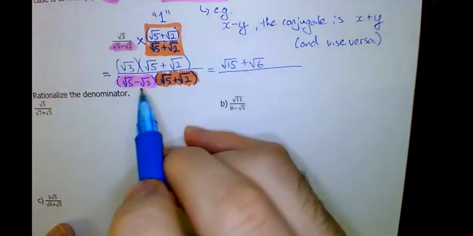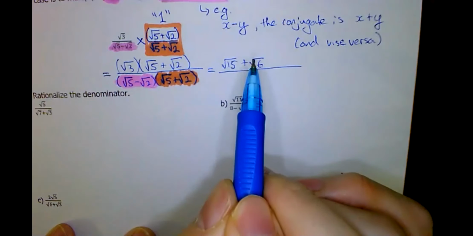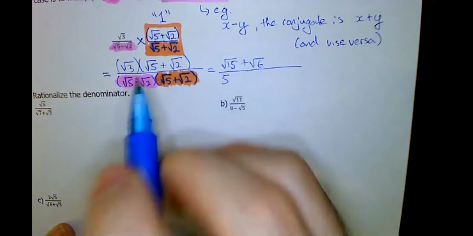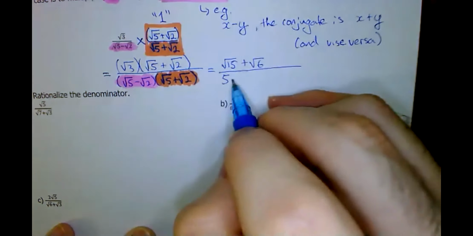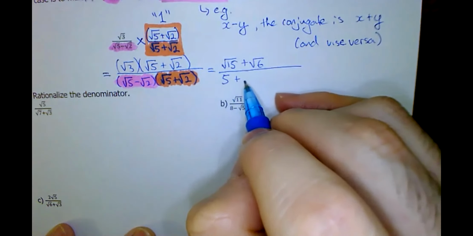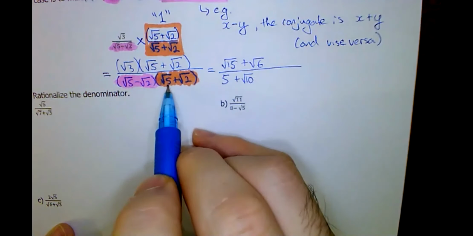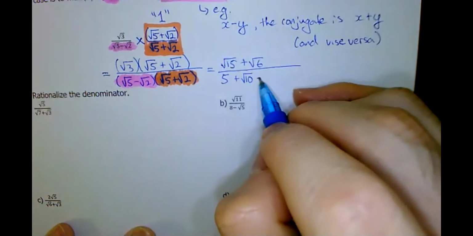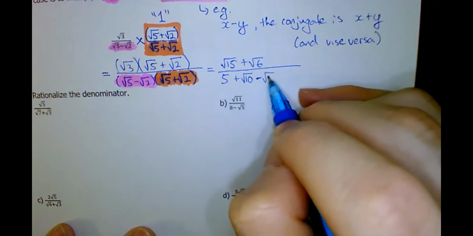But the denominator, what is root 5 times root 5, everyone? Root 25. 5. Or 5. You're both correct. And then root 5 times root 2. Root 10. Negative root 2 times root 5, negative root 10.